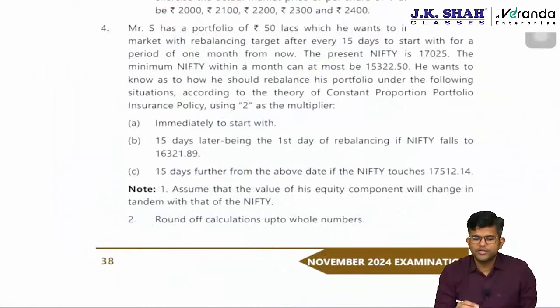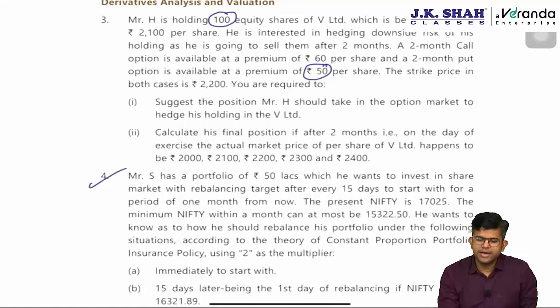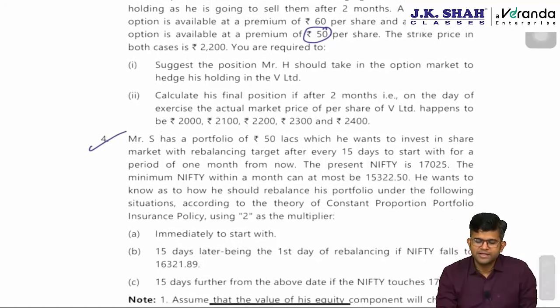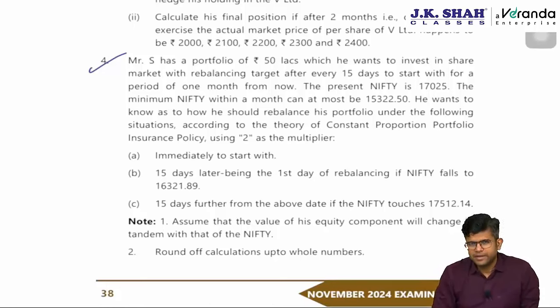So now let's do question number 4. Students, question number 4 is actually not from derivatives. It is being put here in derivatives, but it is actually from the chapter of portfolio management. Now in portfolio management, there is one section in the module called portfolio rebalancing.